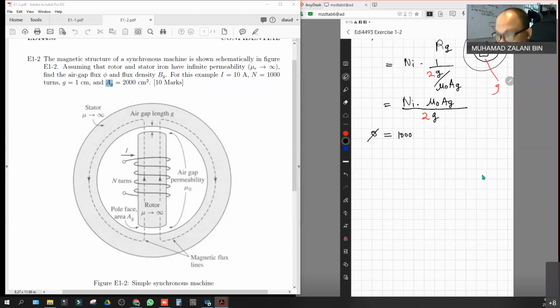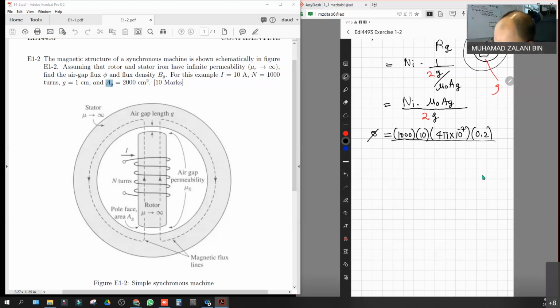N equals to 1000. I is 10 ampere. Right? And mu naught is 4 pi 10^-7. Ag is 0.2, divided by 2G.